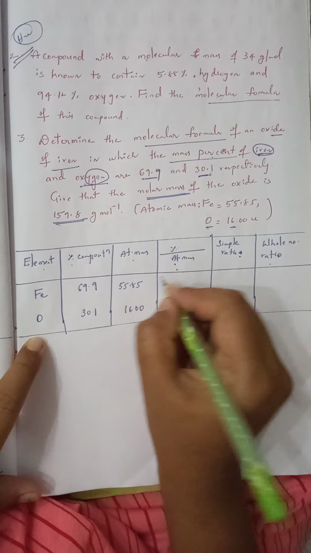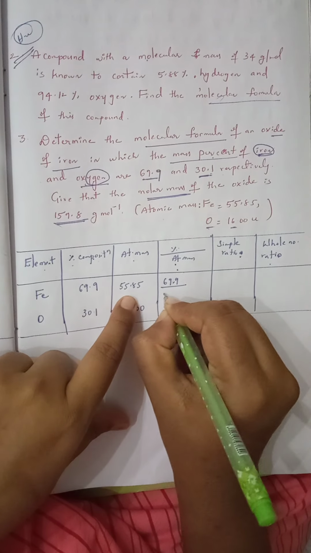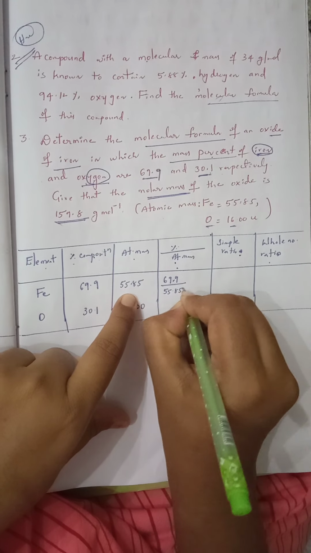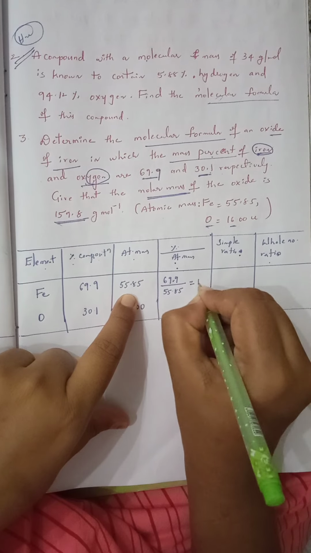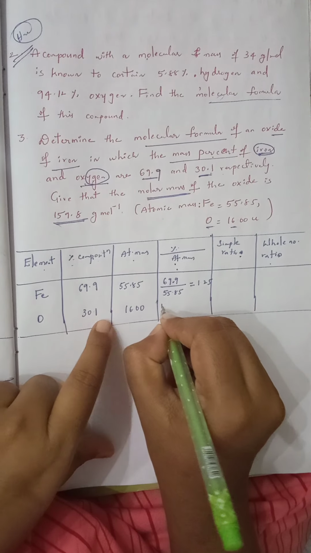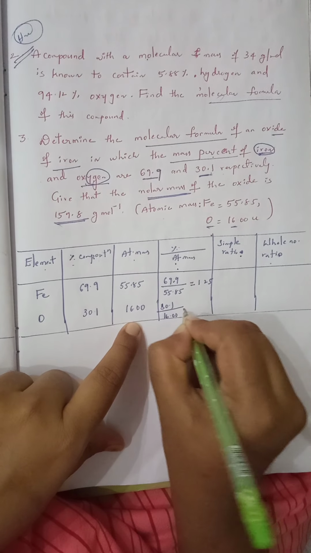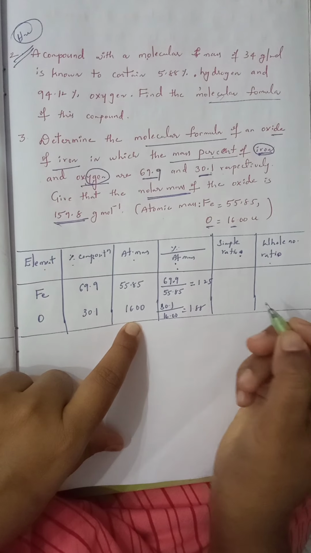Then divide: 69.9 divided by 55.85 gives nearly 1.25, and 30.1 divided by 16.00 gives 1.88.